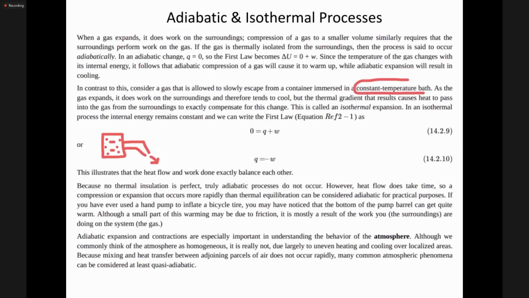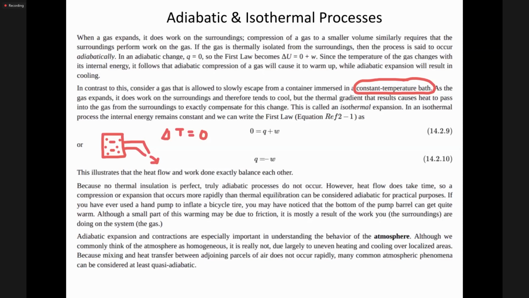So constant temperature means delta T is equal to 0. Because the thermal gradient causes heat to pass into the gas from the surroundings, it will exactly compensate the change. That's why it is called an isothermal expansion.